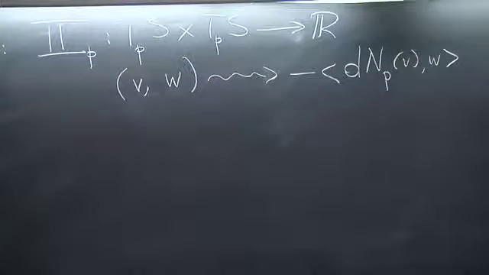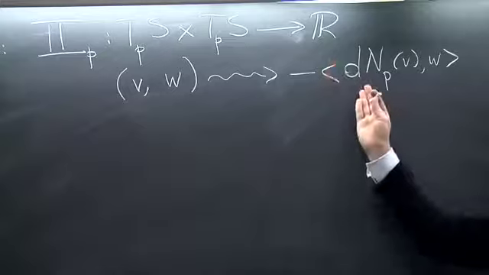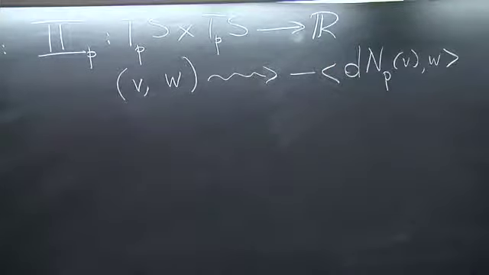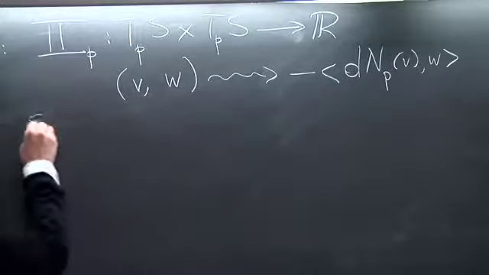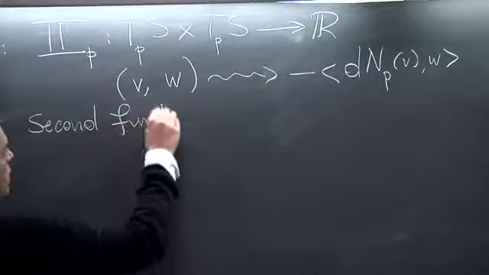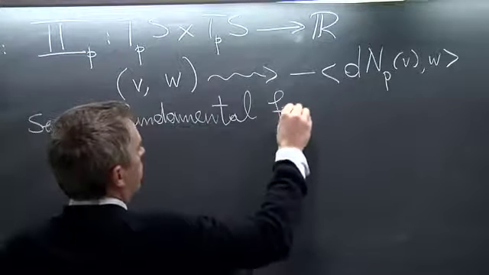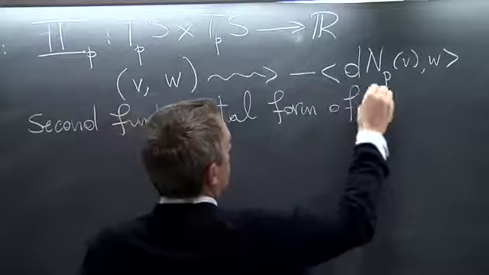This is completely general. How to associate a quadratic form to a symmetric endomorphism of a vector space. Okay? Now this is called the second fundamental form of S at P.